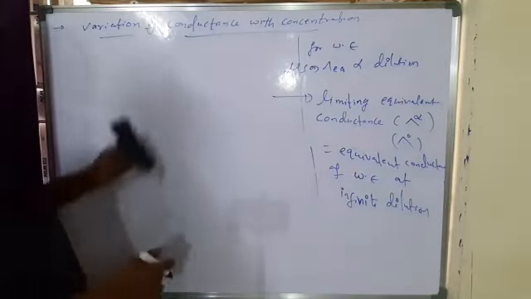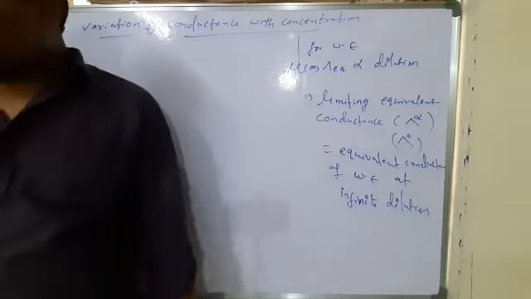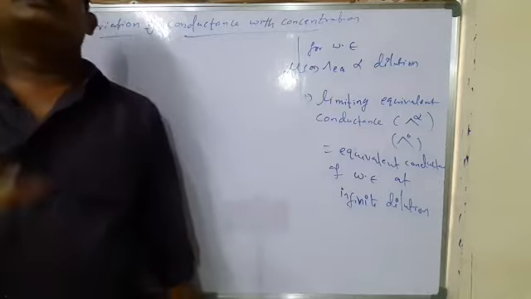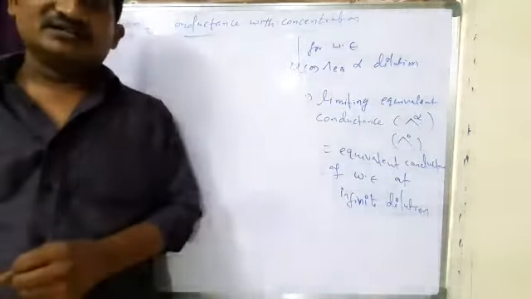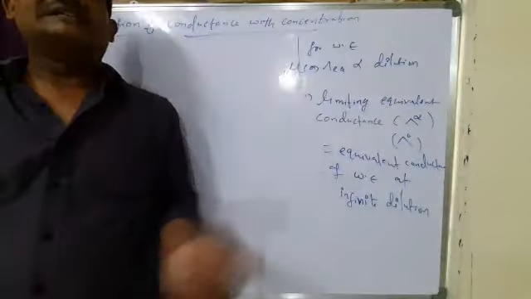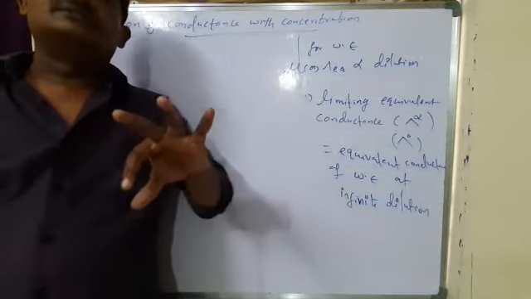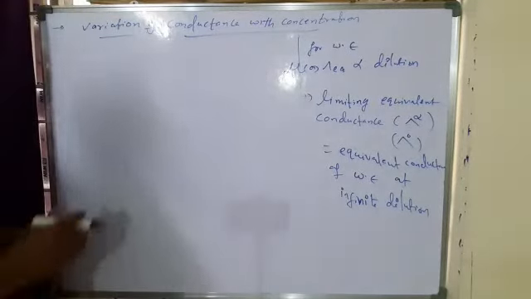So the equivalent conductance of an electrolytic solution depends on concentration and also on the nature of the electrolyte, meaning the valency. If valency increases, the equivalent conductance depends more.